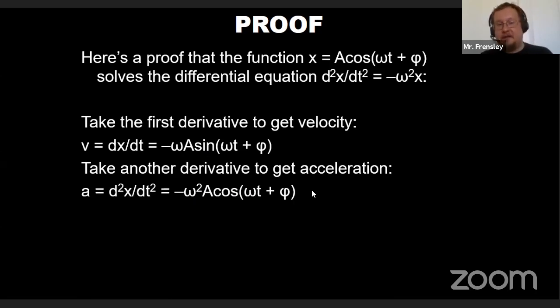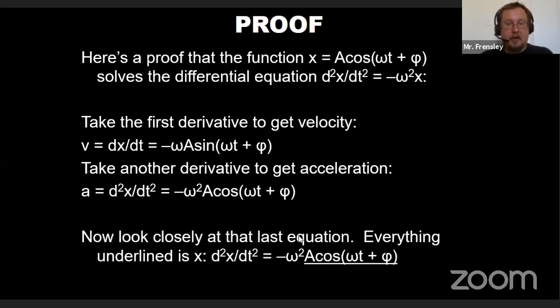Okay, so now I'm going to take this right here, and I'm going to plug it in where this used to be. I'm going to plug the second derivative into the second derivative. Let's have a look. I'm going to look at the last equation right here. I have d squared x over dt squared is negative omega squared A cosine of omega t plus phi. But A cosine of omega t plus phi, that's the same thing as this x.